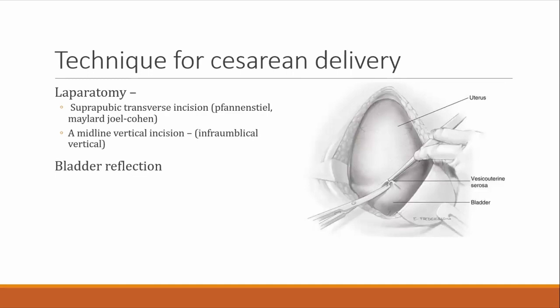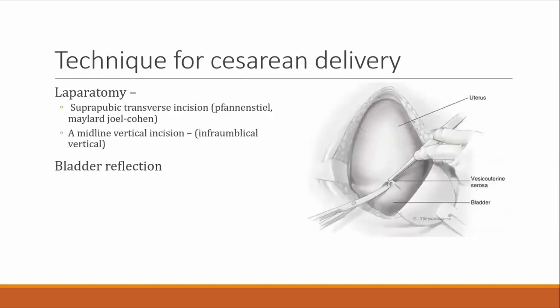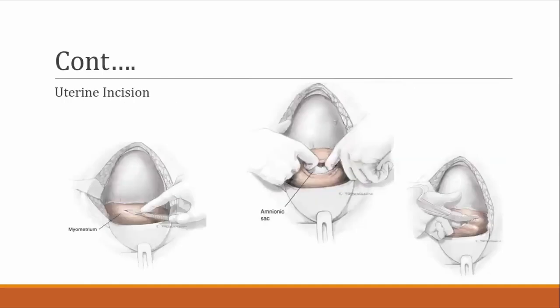After the entry, we may need to do the bladder reflection. There are a lot of discussions regarding the technical matter. This is just an introduction, because we can talk more on the need of bladder reflection and also the preference of Pfannenstiel or Joel-Cohen incision. These technical matters can be discussed in another session, based on the surgical skill.